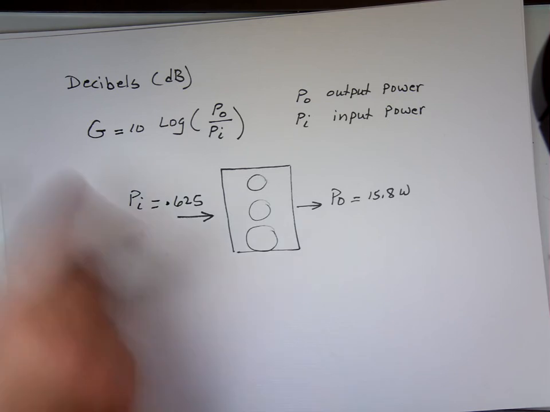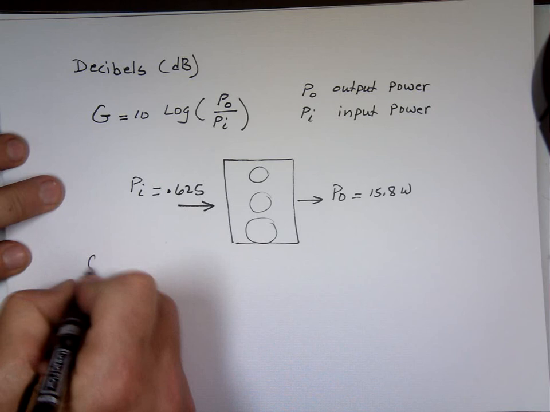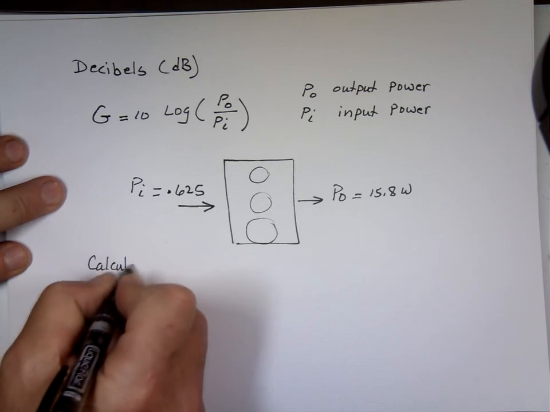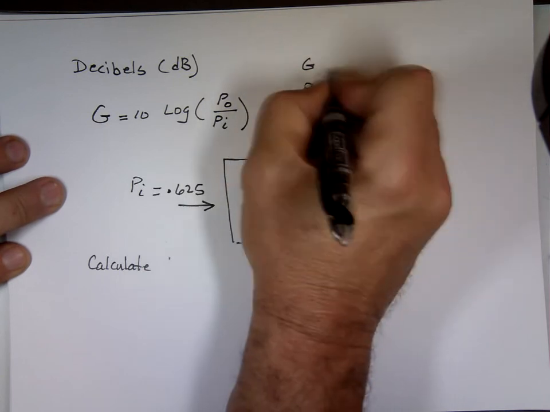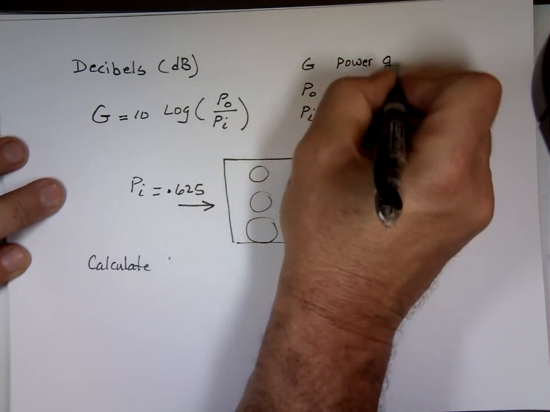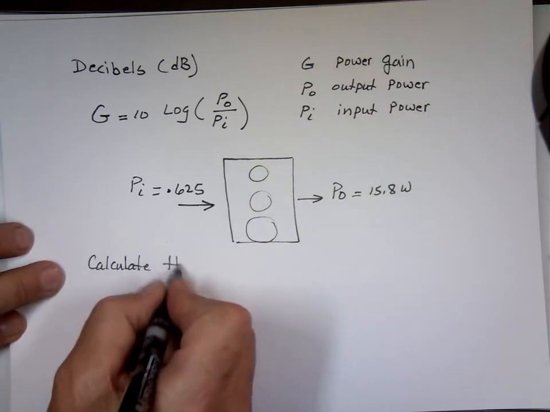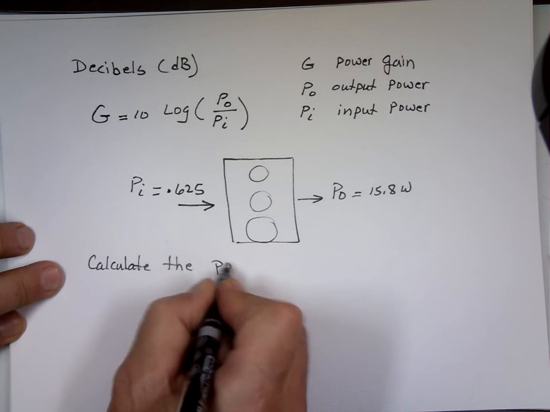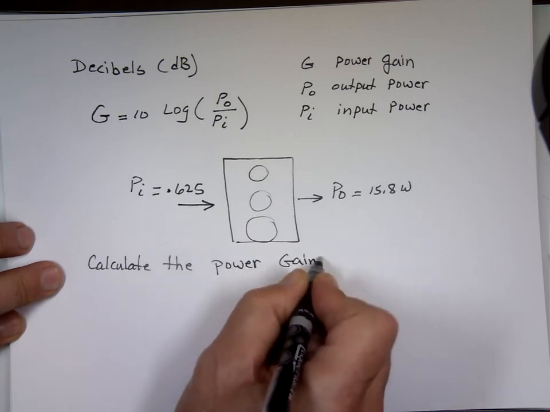This is the power gain, G for the gain. Let's calculate the power gain. So I should write G is power gain. Calculate G, I have to use that equation.